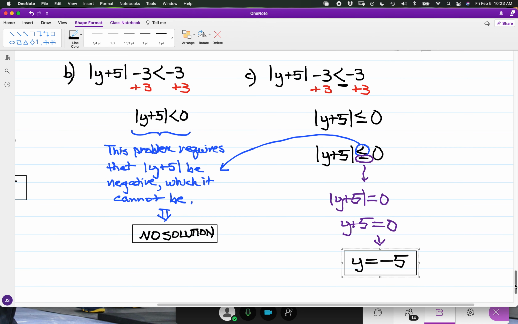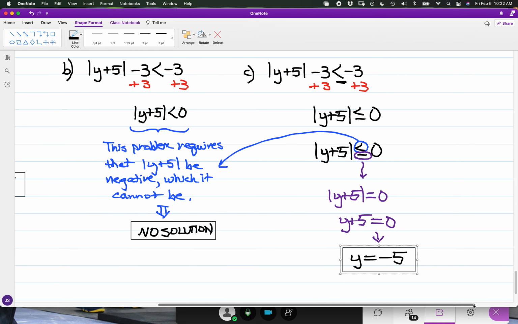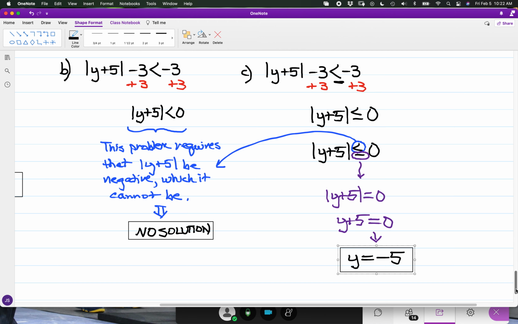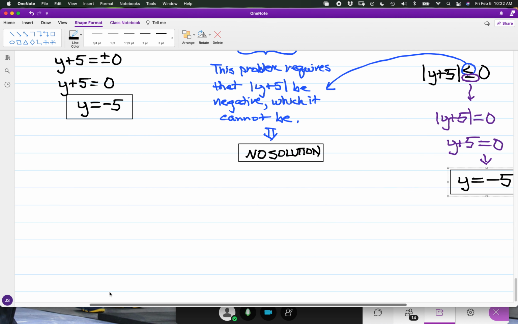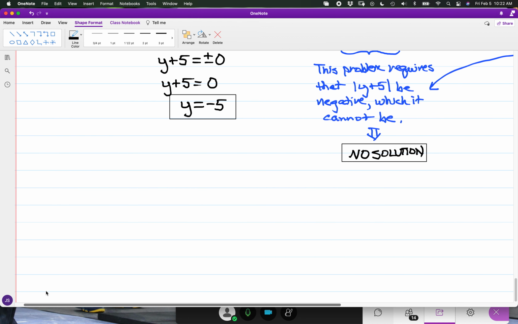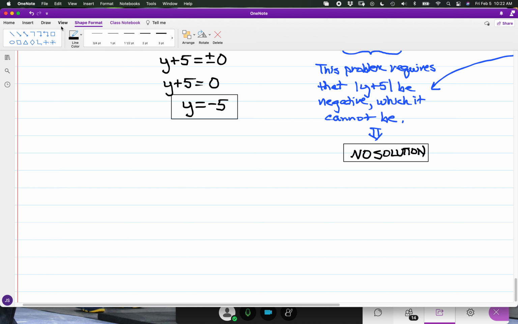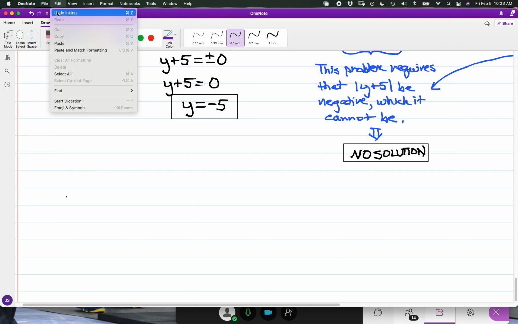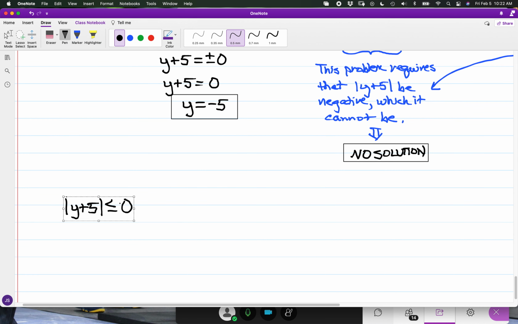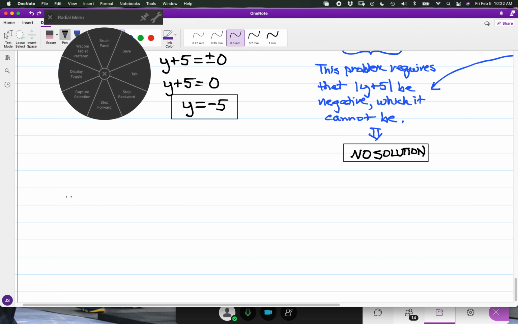All right, and then where it gets really interesting is where we have the greater than or equal to statements. And in the crossover to what we have in part D, now I'll just rewrite this.